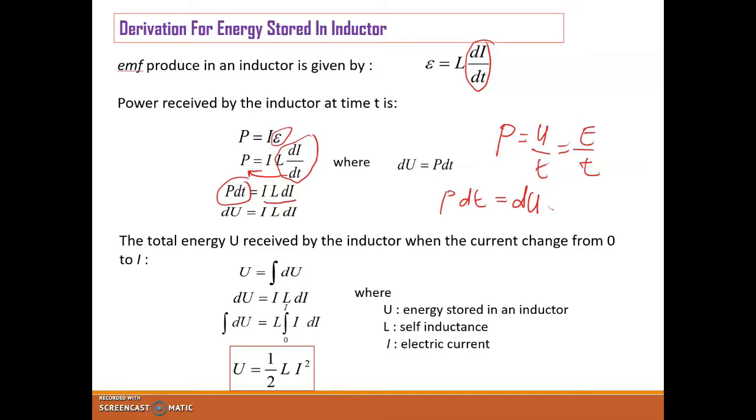So P dt is also equal to du, so du is equal to IL di. So we make an integration here. So du is IL di, so we integrate the equation, and then we have u is equal to half Li squared, where u represent energy stored, L represent self-inductance, and I represent electric current.